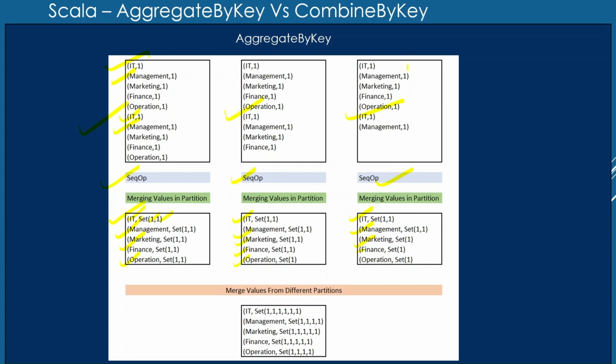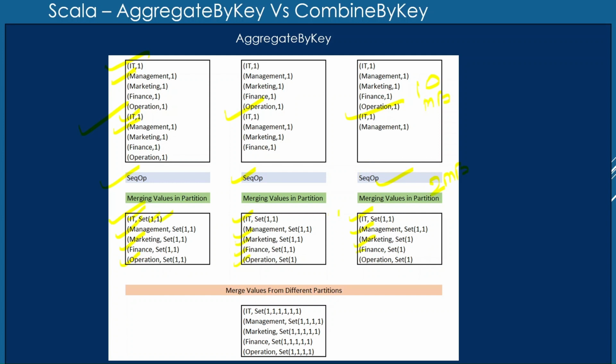Suppose here the data is 10 MB. If the data is very huge, when the sequence operation is performed and the data is combined with key and its value in one row, maybe the data will reduce to 2 MB. That's why this sequence operation plays a very important role.